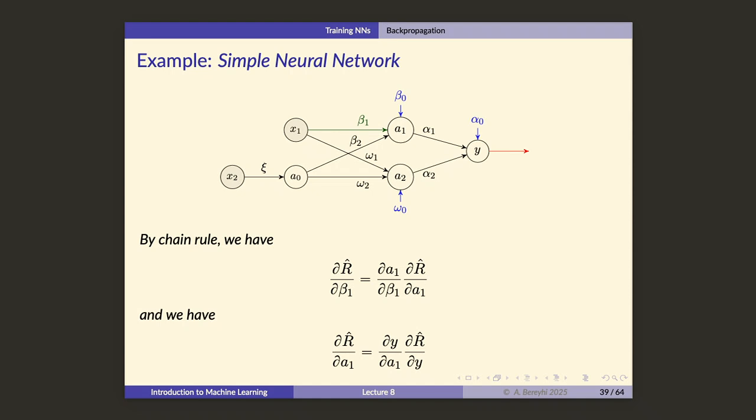The derivative of r hat with respect to y, can you do that? What is r hat? R hat is defined to be the loss between y and the true label v. V is fixed. Can you compute the derivative of r hat with respect to y? Yes. If you know the loss function, you can now compute it, right? So now you can compute that derivative with respect to beta 1 using those sequences of chain rules, right?